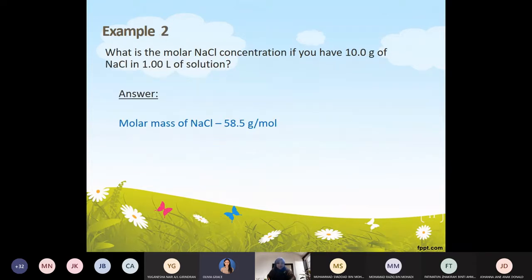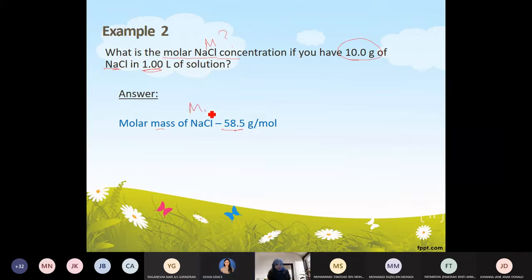Alright. How about this? So what is the molar sodium chloride concentration? Again, kita nak cari M, if you have 10 gram of sodium chloride in 1 liter of solution. Macam mana nak jawab soalan ni? Given molar mass. Molar mass dah diberi.